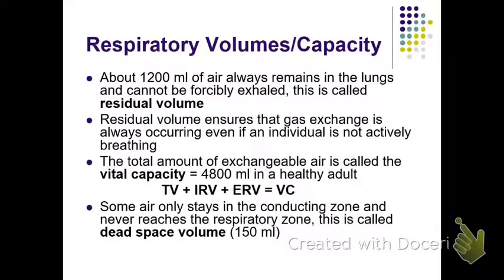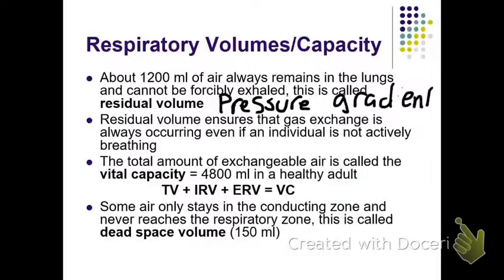So there's always about 1,200 milliliters of air that is within our lungs at all times, so that we can have a pressure gradient. And this pressure gradient allows air to always move back and forth and have oxygen and CO2 be filtered in our lungs.